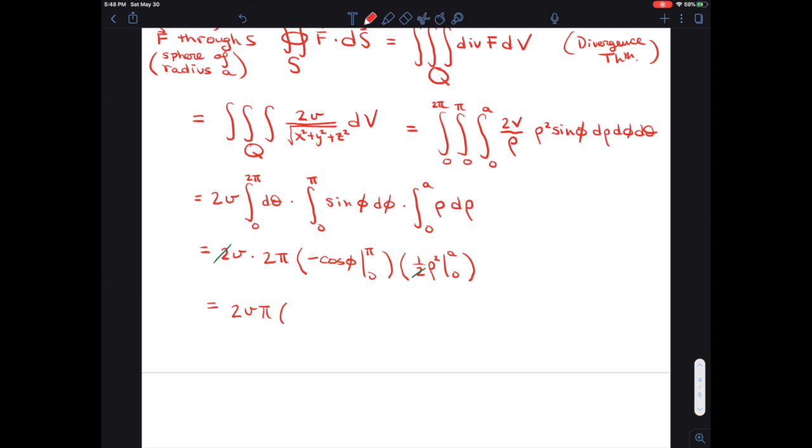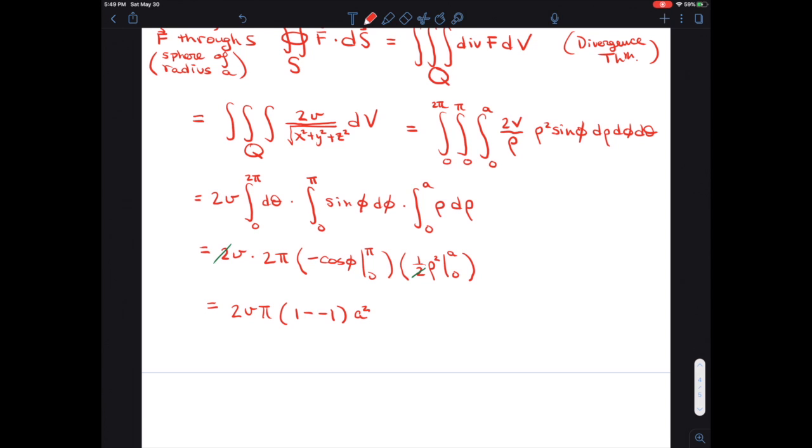And then the negative of cosine pi will be positive 1, since cos pi is negative 1, and then it'll be minus the negative of cosine 0, so that'll be minus negative 1. Okay, lots of double negatives there. And then over here you'll just have an a squared.